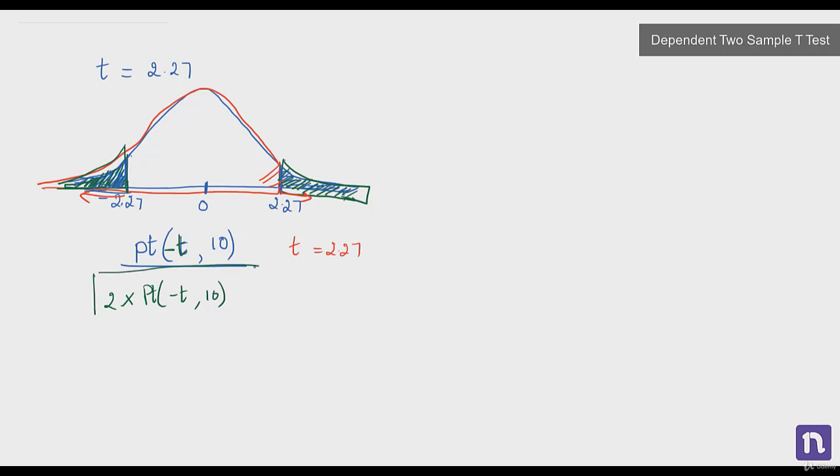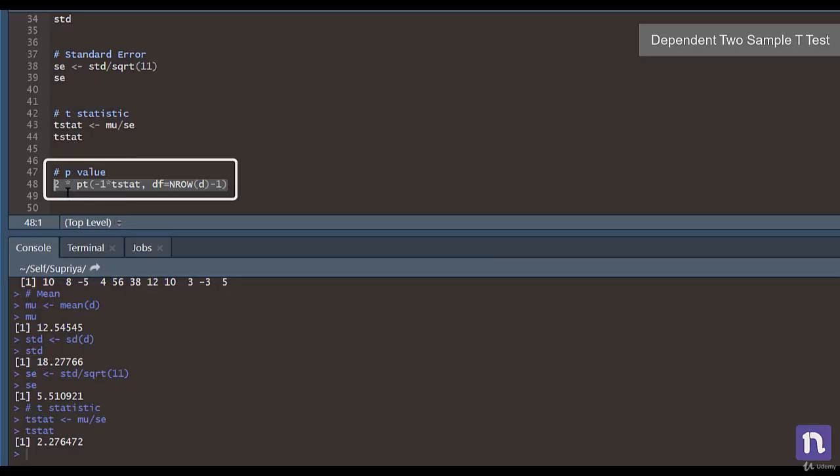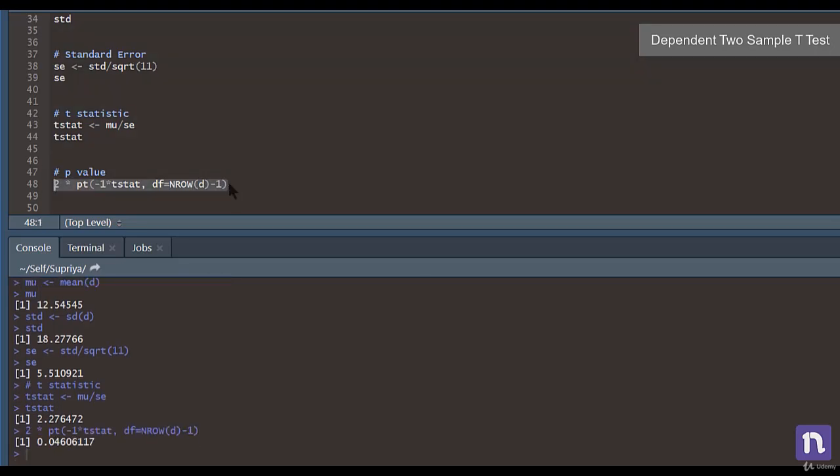Now this becomes the p-value, and that is exactly what I have computed over here: 2 times pt of minus 1 into the t-statistic. The number of degrees of freedom is 11 minus 1 equals 10. If you run this, we get the p-value as 0.04606. Now, since the p-value is lesser than alpha of 0.05, we reject the null hypothesis.